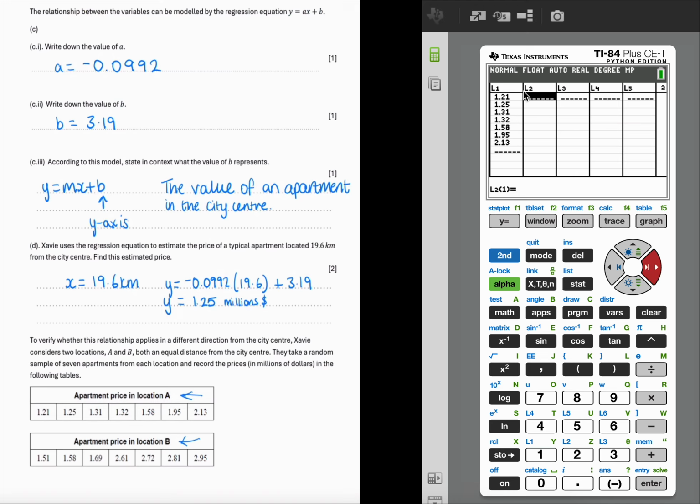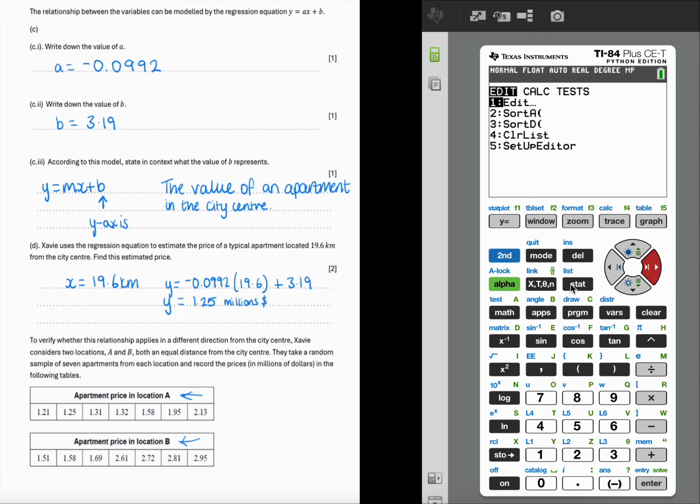And then for the second data in location B, we have 1.51, 1.58, 1.69, 2.61, 2.72, 2.81, 2.95.